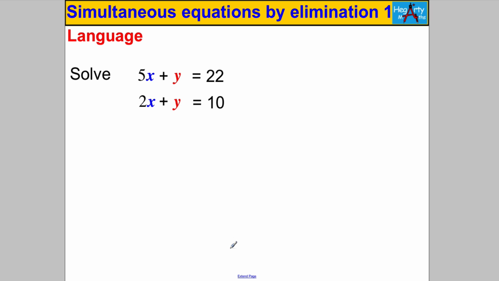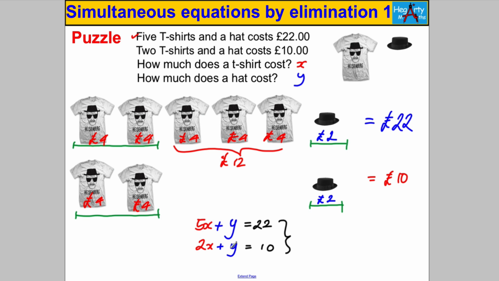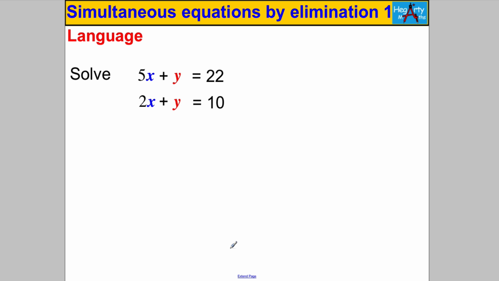Just before we go on, and I'm going to resolve this puzzle using algebra, I just want to point out a bit of language we need to know to solve these type of equations. Firstly, when you get a pair of equations like this with 2 unknown variables and you're asked to solve it, these are called a pair of simultaneous equations. Okay, so you might be asked to solve a pair of simultaneous equations.